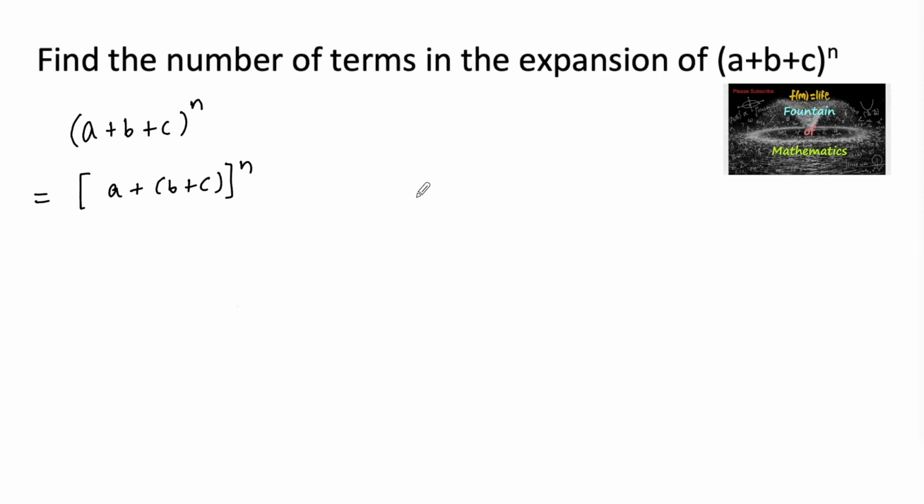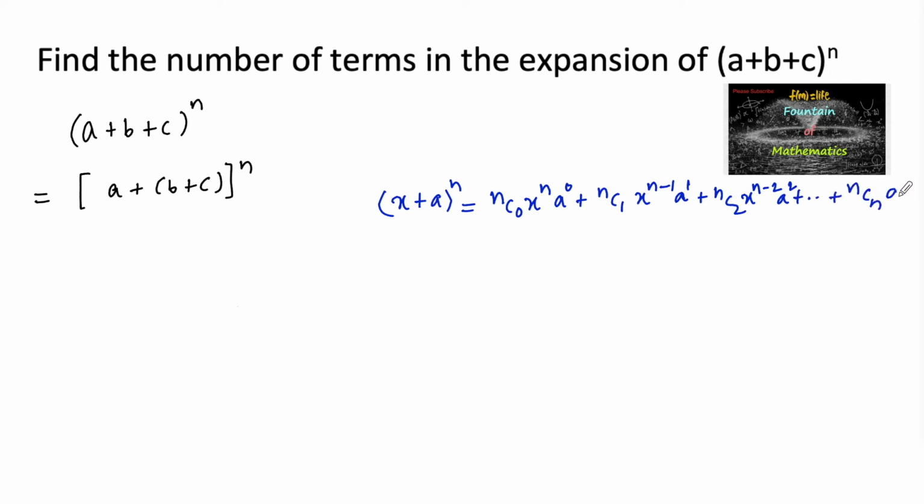So we know that the expansion of (x plus a) whole power n is nC0 x to the power n a to the power 0 plus nC1 x power n minus 1 into a to the power 1 plus nC2 x to the power n minus 2 into a to the power 2, and so on. The last term we can take nCn a to the power n.